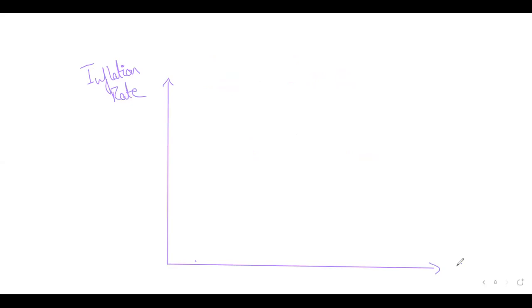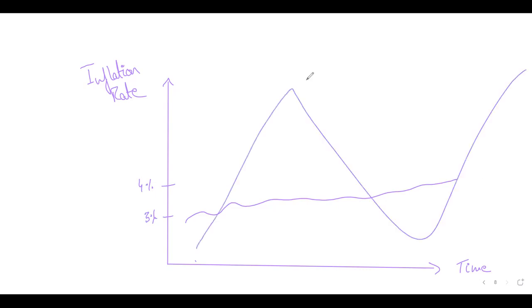Then let's say it might be increasing slowly, or slowly going down, but there isn't a lot of fluctuation. Are you getting me? So let's say this was 3%, and this is somewhat 4%. So you can see every year it's somewhere between 3 to 4%, right? Not going up and down like this, not a lot of fluctuations. Is it making sense? So this is what a low and stable rate of inflation means, right?